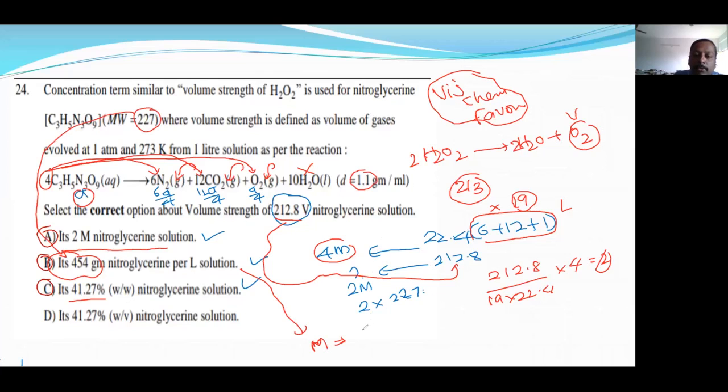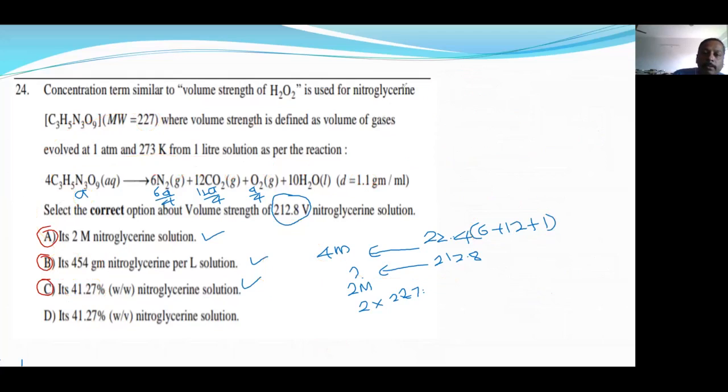I think you know: mass percentage into density into 10 divided by molecular mass. If you do that, then you will get 41.27. So as per me, I am getting the C answer. You may get some other answer. You can cross check after this lecture. Okay, make proper notes.